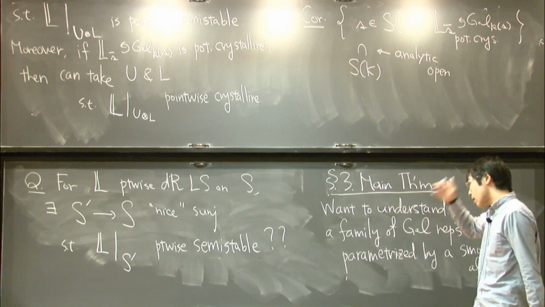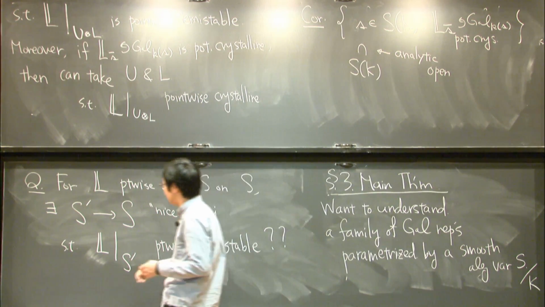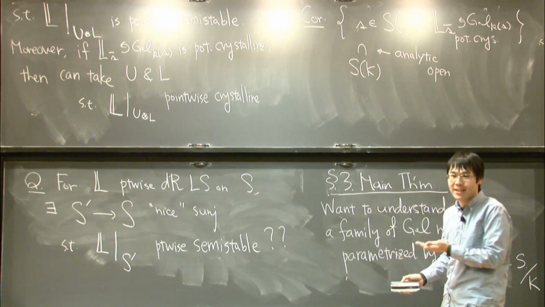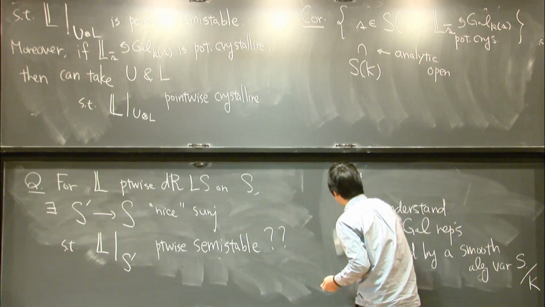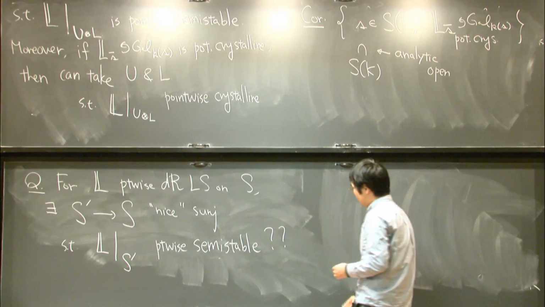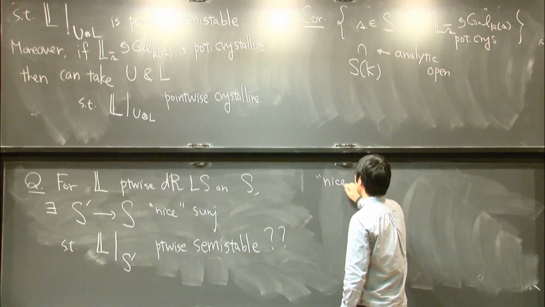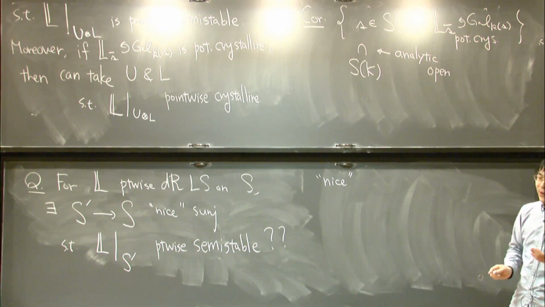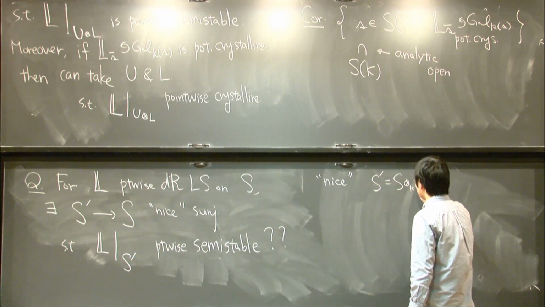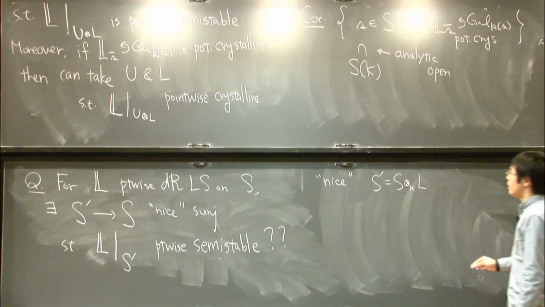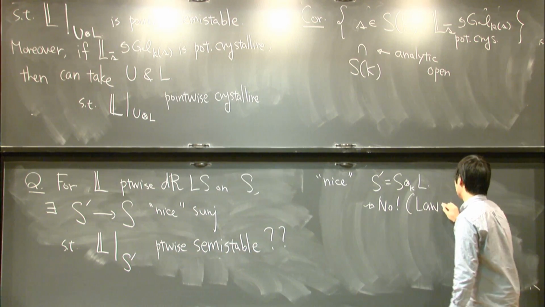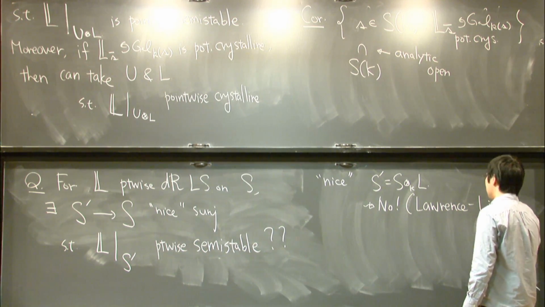Apart from very special cases, I think this kind of conjecture is completely open. And of course, I haven't specified what nice means. You can consider nice to mean several things. The very restrictive situation is S' being some base change by the base field, and in this case the conjecture is false by recent work of Rowlands and Lee.